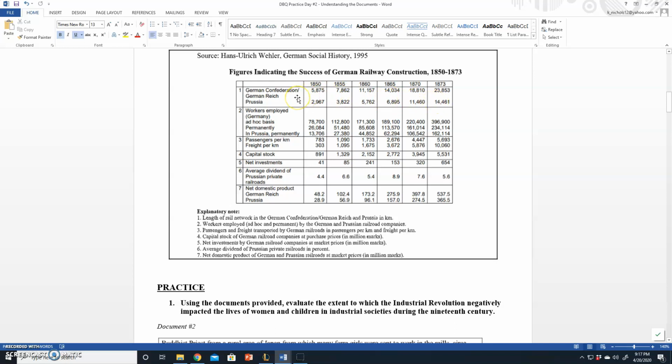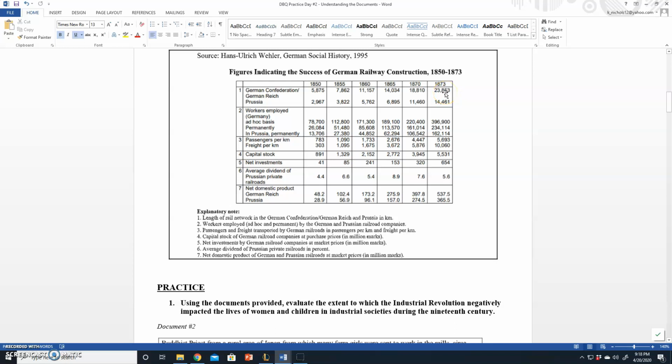It's stated down here, the length of the railway network. So what you're looking at is how many miles of railway they put down. And you're really seeing an increase. It went from 5 to then 7 to then 11. And you see a big jump from 1865 to 1870 and from 1870 to 1873.